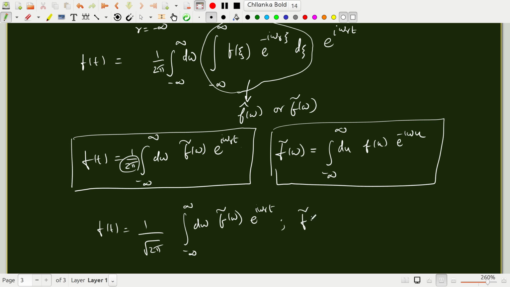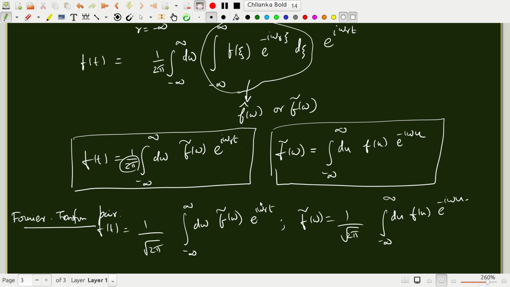And f tilde of omega is 1 over root 2 pi. So this is called the Fourier transform pair. It tells you, given f of t, how to find f tilde of omega, and given f tilde of omega, how to find f of t.